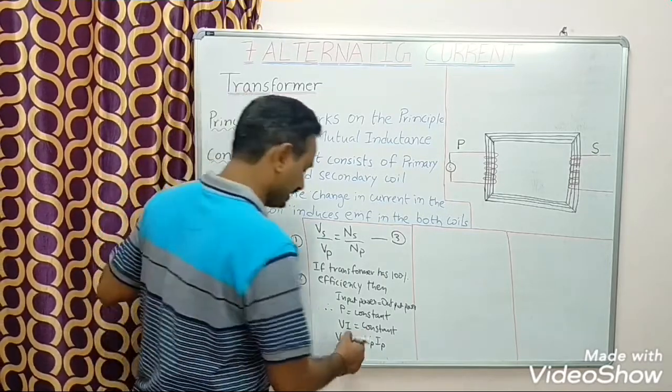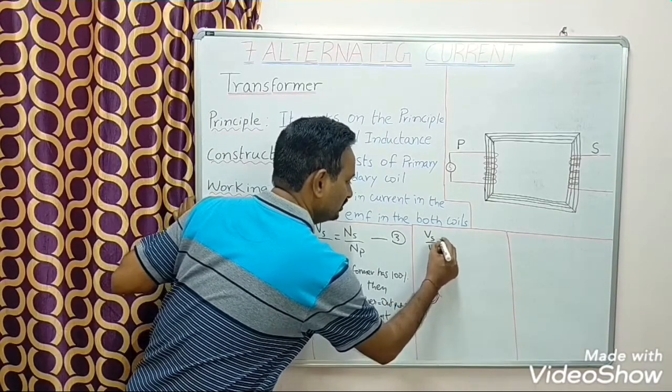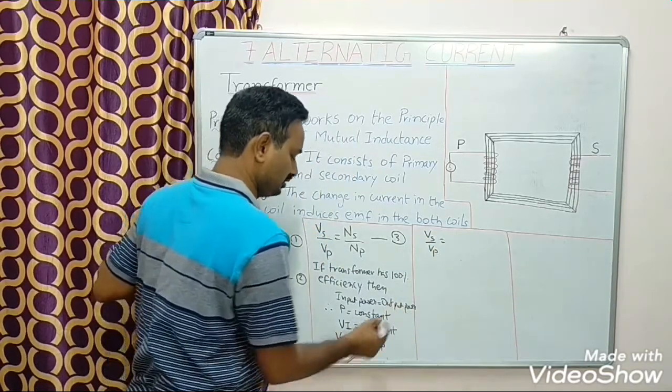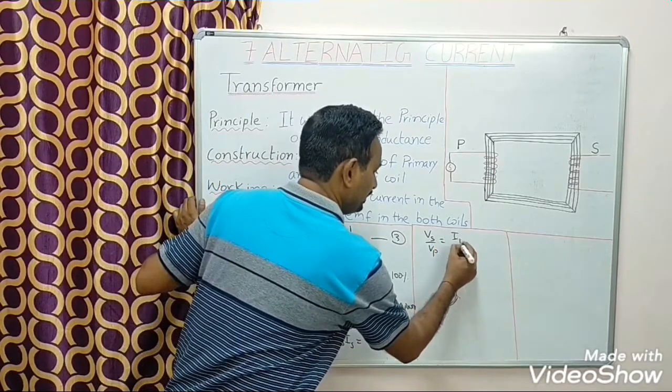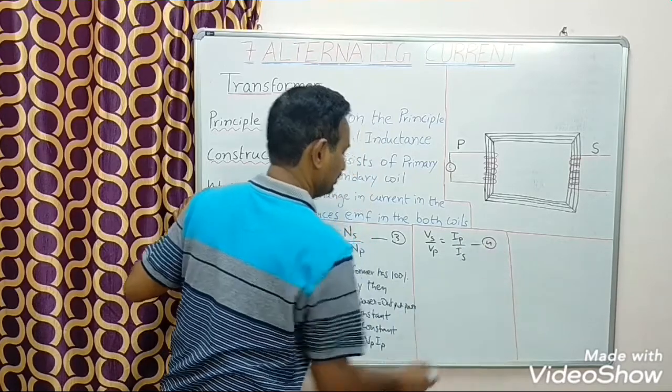From that, what can I write? I can write Vs by Vp is equal to Ip by Is. This is equation 4.